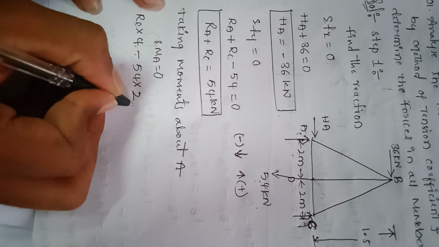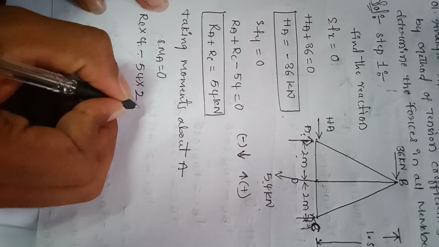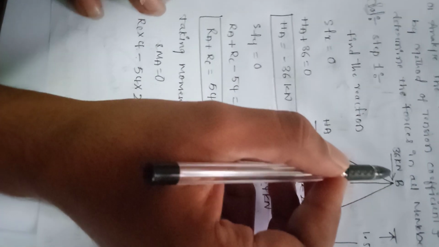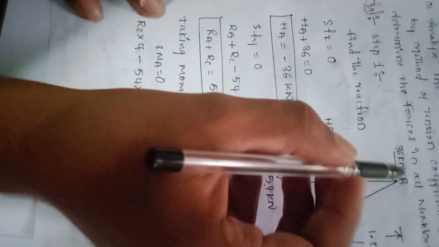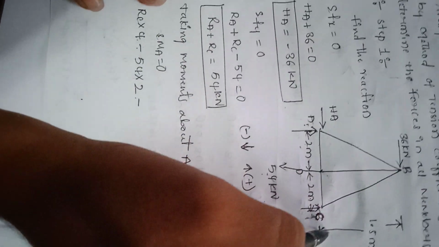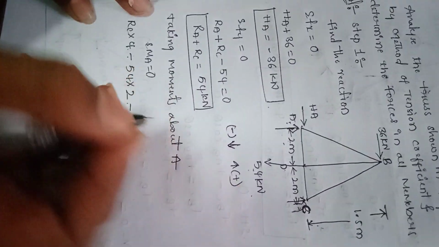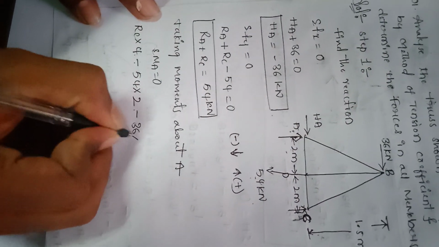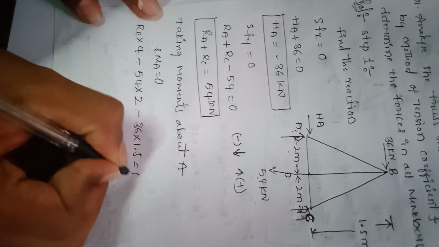Minus, one horizontal force is acting at B at a distance of 1.5 meters, therefore 36 into 1.5, load into distance gives the moment.